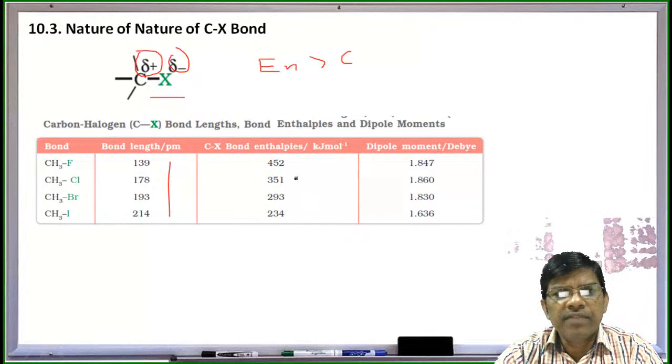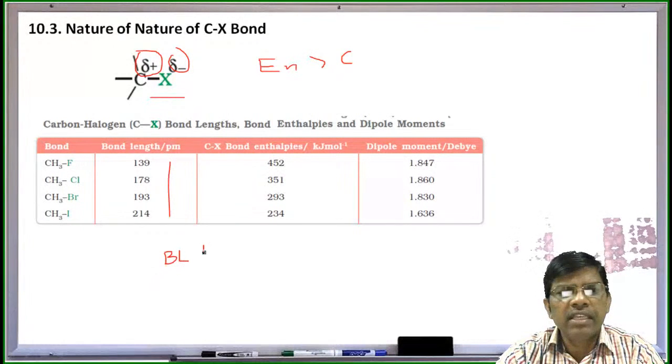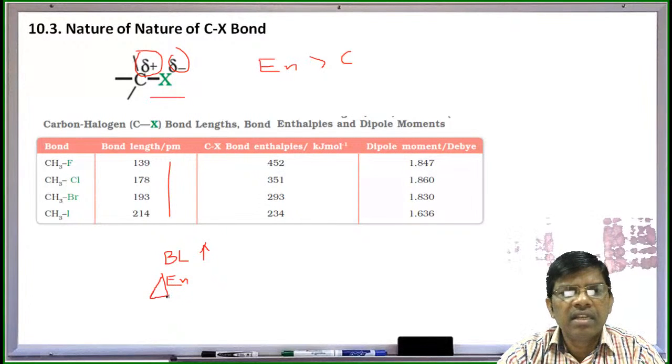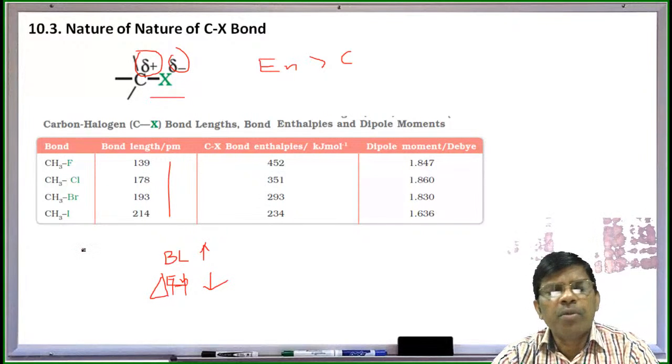This concept is very important, students. Bond length increases, and enthalpy, delta H, decreases moving from top to bottom.